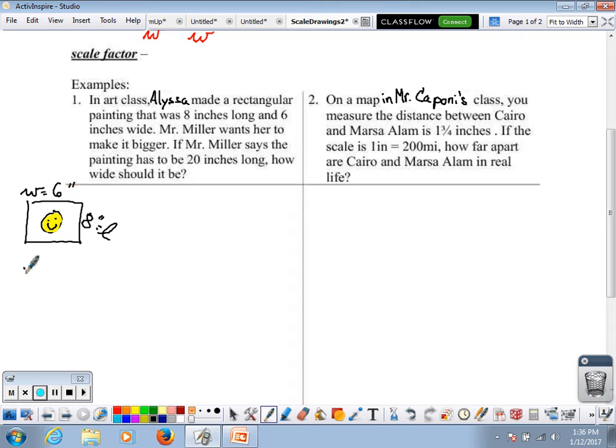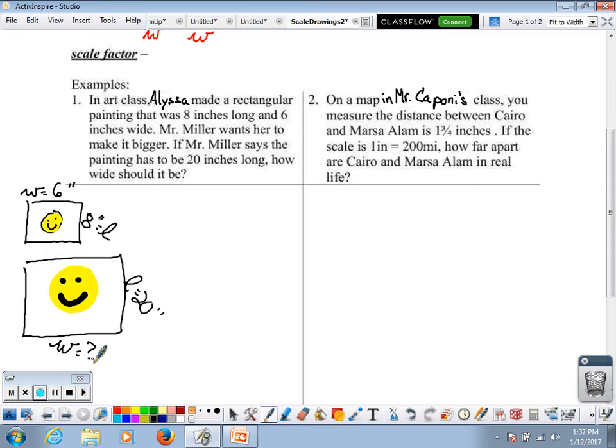I'd like it to be bigger, though. Here's how big I'd like you to make that painting. I'd like this painting to have a length of 20 inches. But Alyssa needs to figure out what the width is going to be.